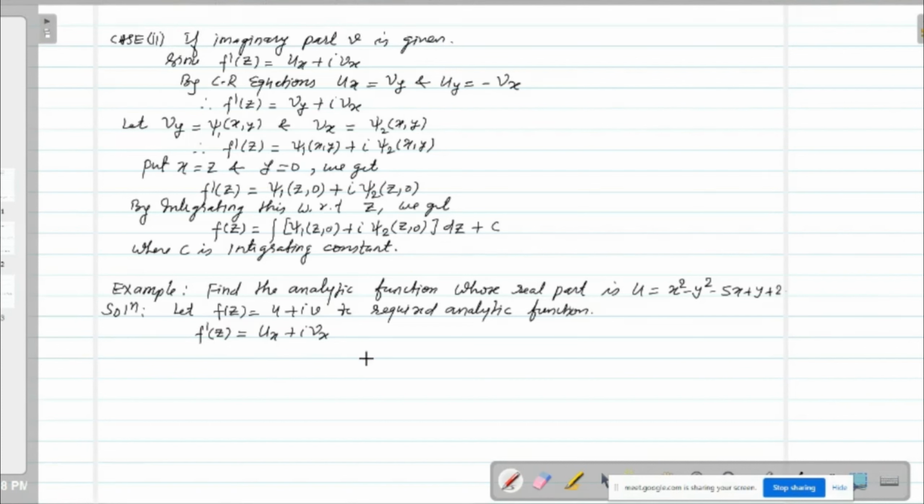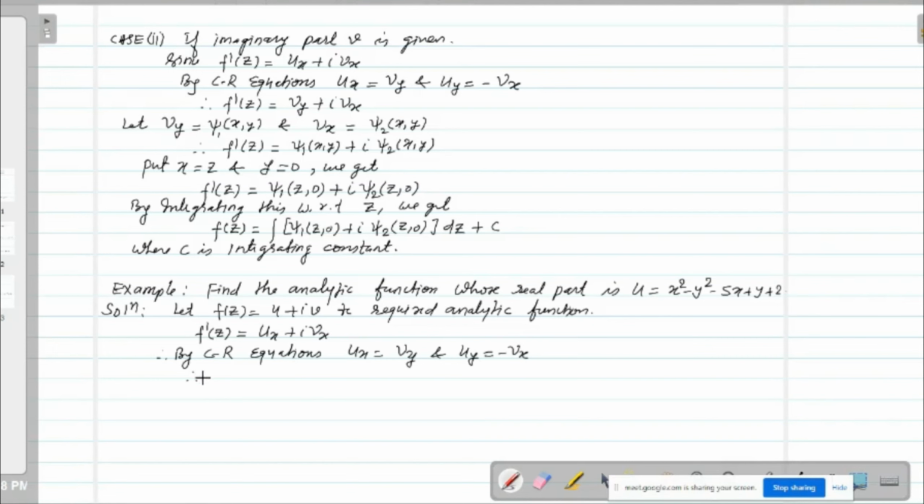Now use the CR equations. What are the CR equations? ux equal to vy and uy equal to minus of vx.